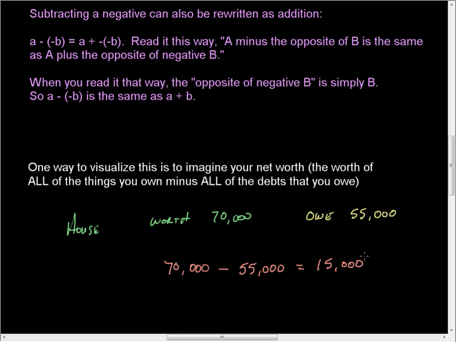Well, that's really not very much, but you get the idea. Now, my family and I own more things than that, and so our net worth is actually greater than that. However, suppose I wanted to pay off the house. What would my net worth be?